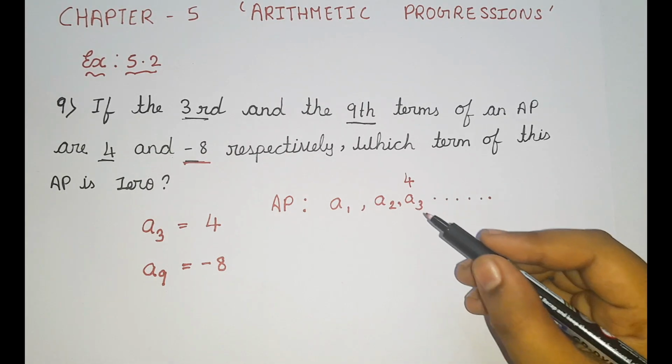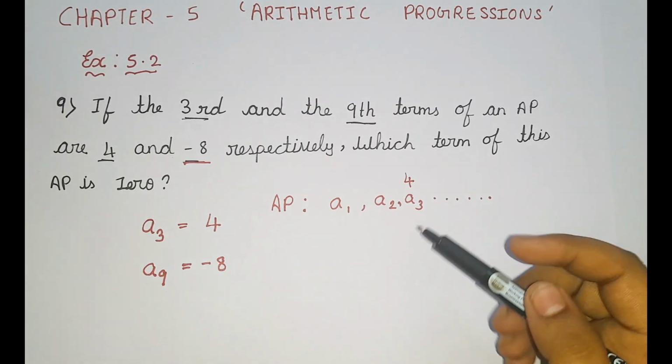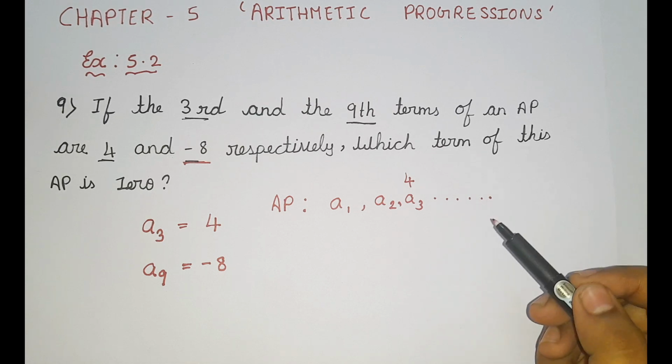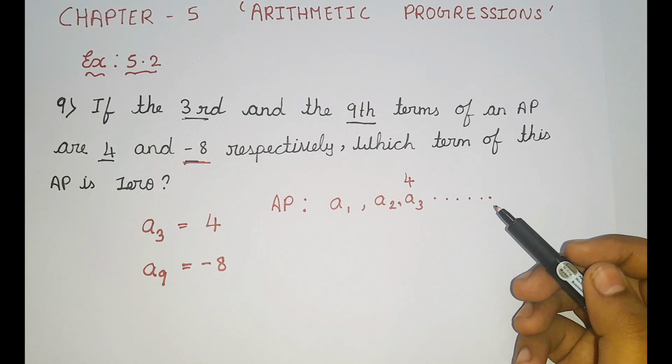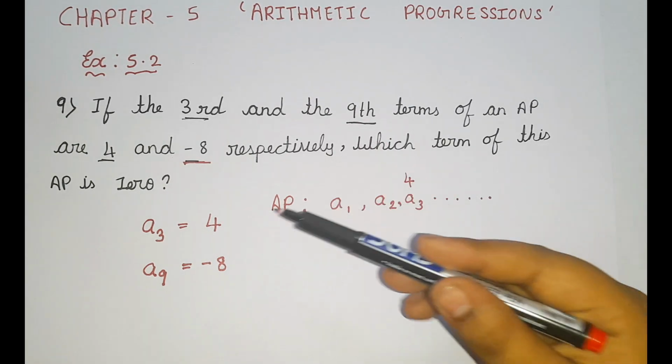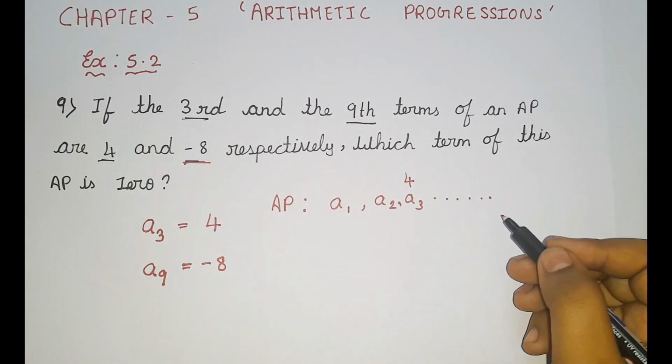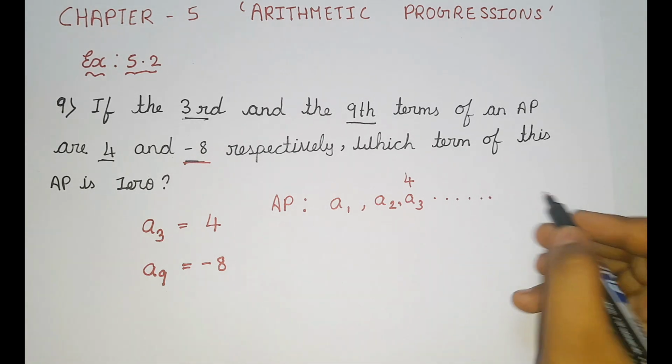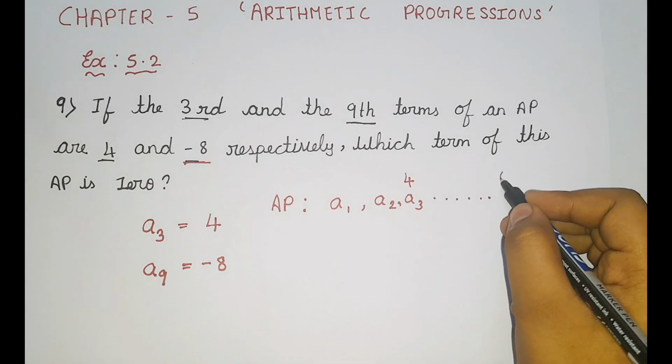They mentioned only the third term as well as the ninth term. In the middle we will get the ninth term, so no need to write that. We are supposed to find which term of this AP is 0.